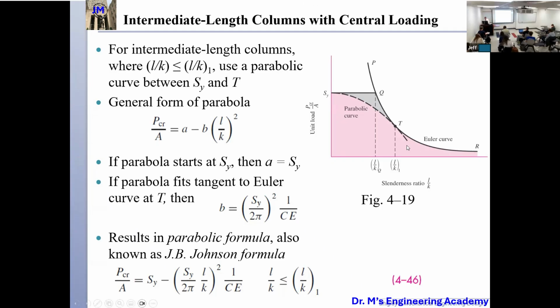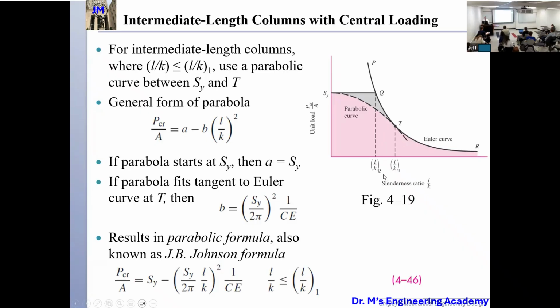Using this, we can describe the behavior of the material for all L over K. Either our actual L over K is greater than this critical one, or it is less than this critical value, and we will use a different equation. This is also called the Johnson formula, and the other is the Euler formula.